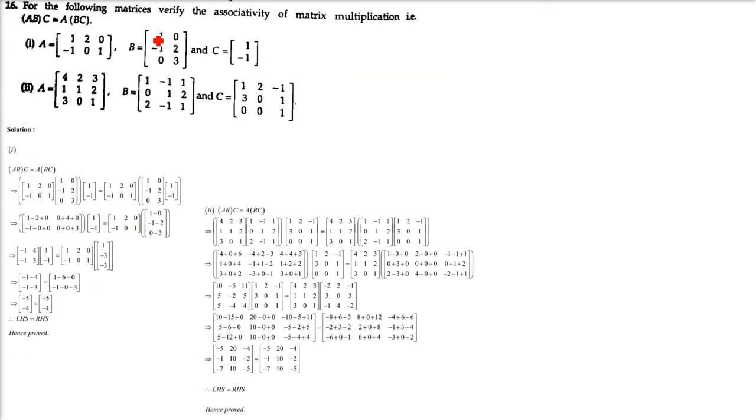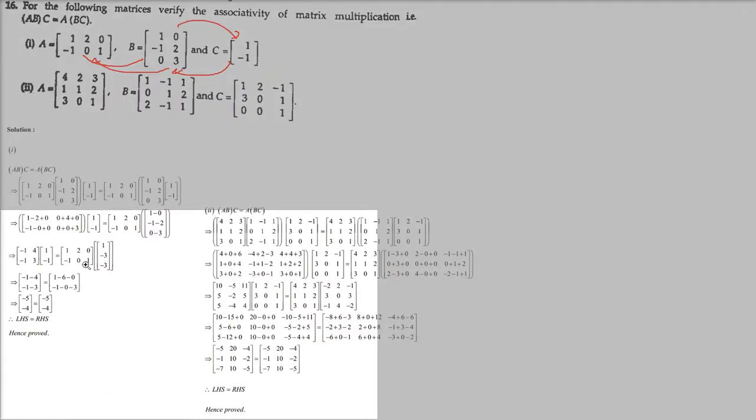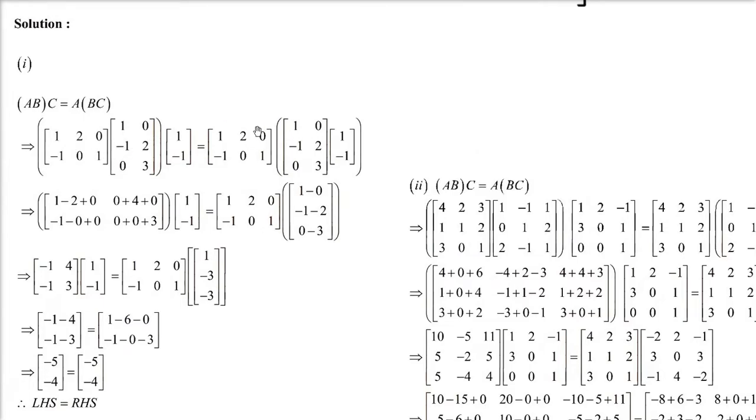For the following matrices, verify the associativity of matrix multiplication. As we already suggested, the matrix multiplication is associative. That is, when you multiply AB first or BC first in the multiplication of ABC, the result remains unchanged. It will be same, right?